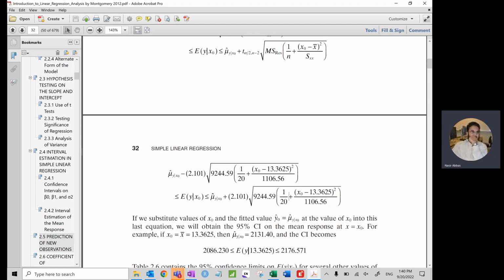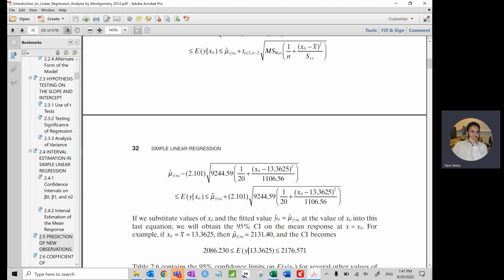When you have a smaller range of X, what will happen to this? Let's say you want to predict at 15 and your data is only from 14.9 to 15.1, very restricted. What will happen to this?